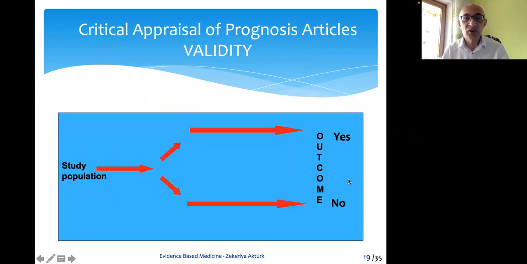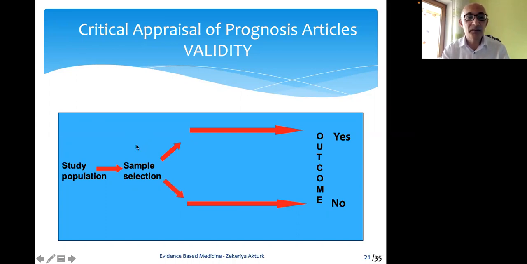The structure of assessing validity is always the same. We have the study population, the target population. We regard this as infinite, which means there are many potential people. From them, we select a sample. That's usually the people applying to the hospital, if you are in a hospital setting, so people coming to your clinics.